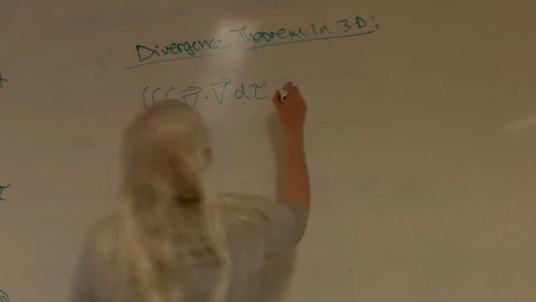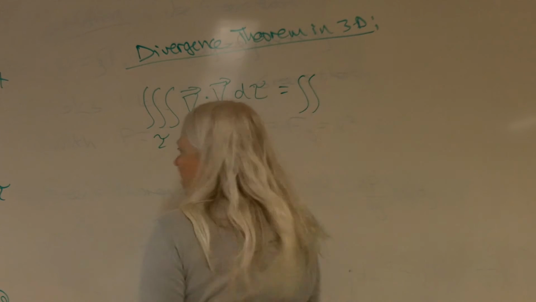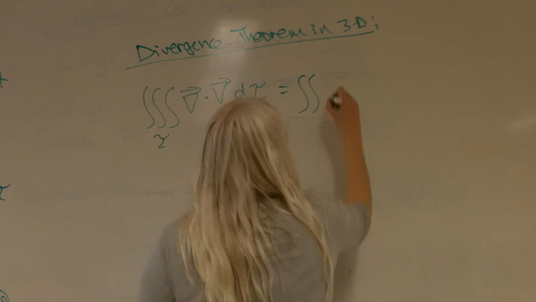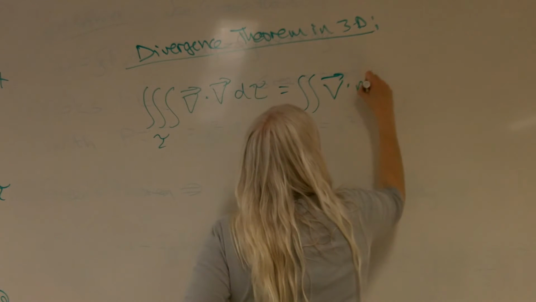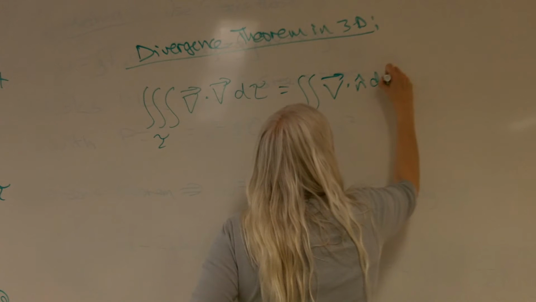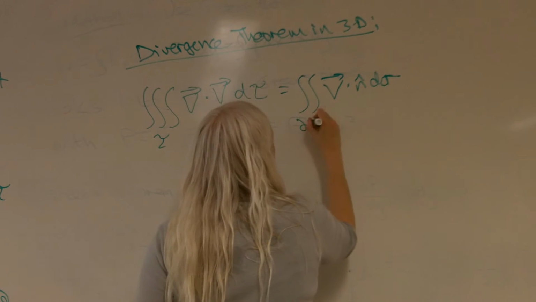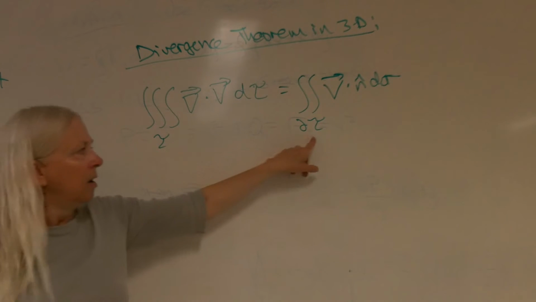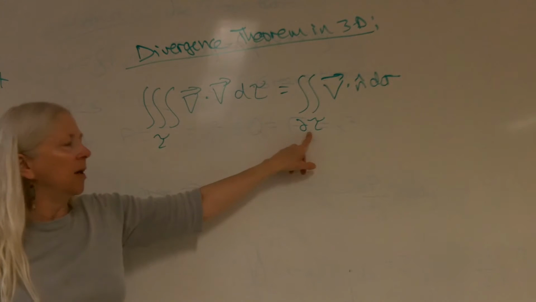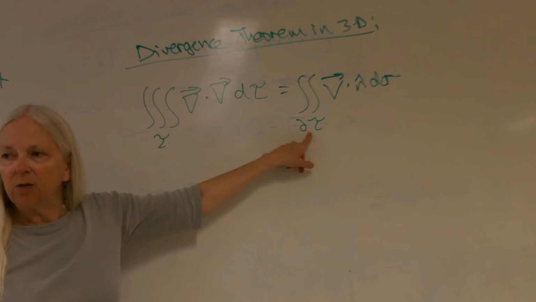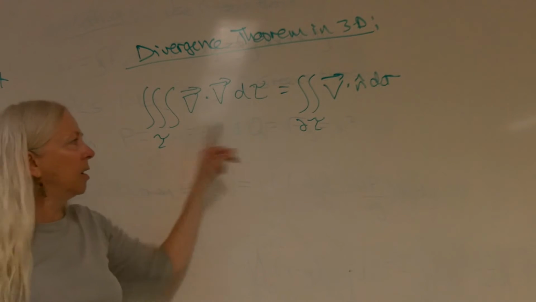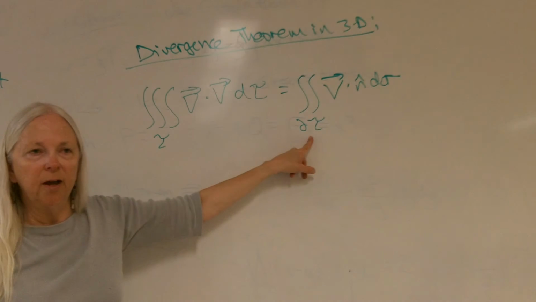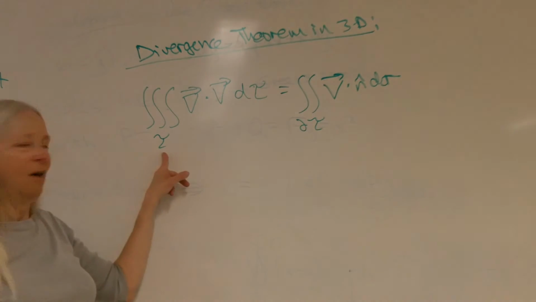And on the right-hand side, we have an area integral. So there's a V dot n hat d sigma, and we're integrating over the boundary of the volume tau, whatever area that is. So, for example, if we're integrating over the volume of a sphere on the left-hand side, then on the right-hand side we're integrating over the surface area of that sphere. If we're integrating over the volume of a cube here, we're integrating over the surface area of that cube over here. This is whatever the surface of that volume is.